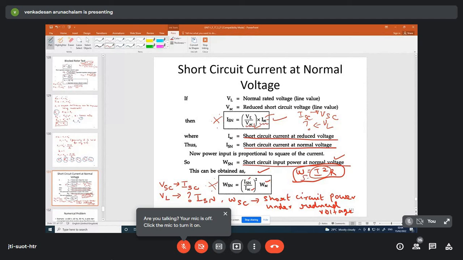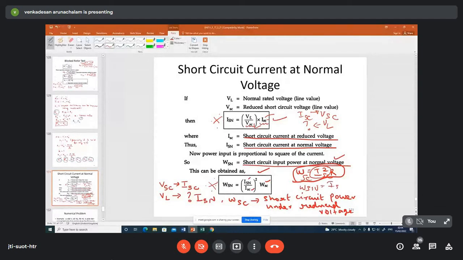This is ISC. For WSN, this is ISN the whole squared R. If you divide, you will get it. WSN is ISN squared divided by ISC squared into WSC. You have to divide these two. That's it.